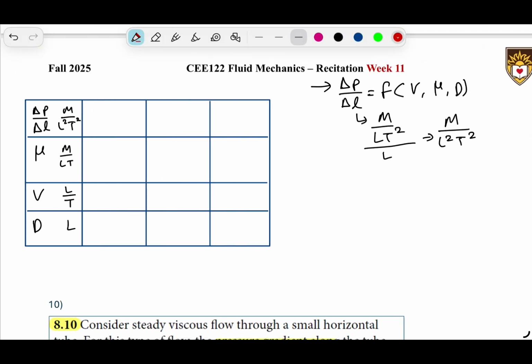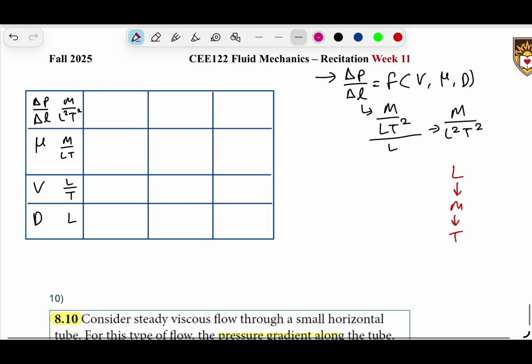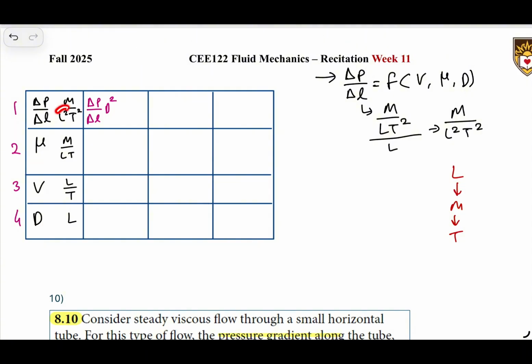And we will actually follow the same steps. Eliminate L, m, and finally t. So length, mass, and time. We are eliminating with this order. So let's first eliminate L for the first variable, which is pressure gradient. So we can actually multiply this by d square, because as you can see we have L square.